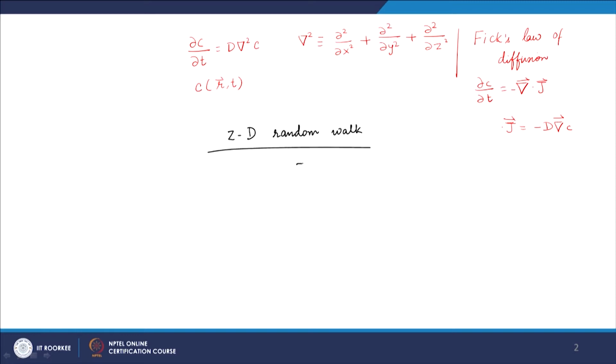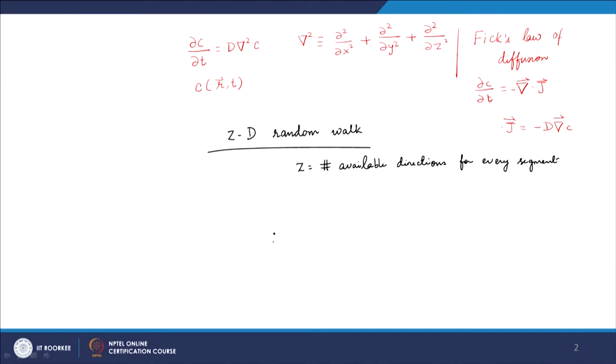What z means is the number of available directions for every segment. So for example, for the two dimensional walk that we have discussed, z is equal to 4 because we can move left, right, up and down.